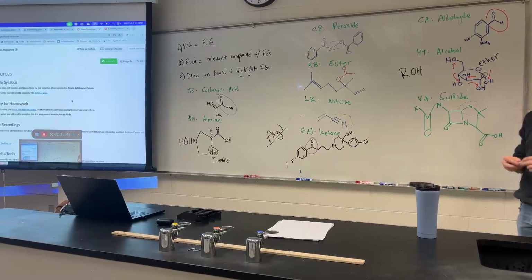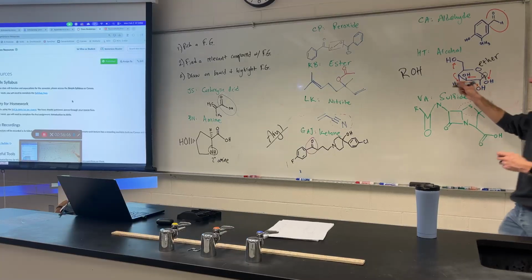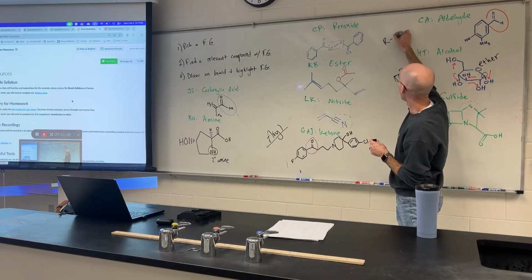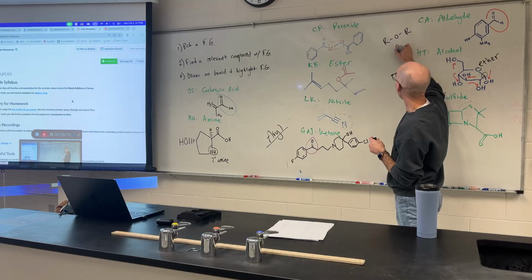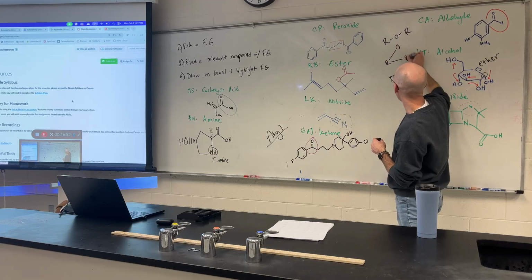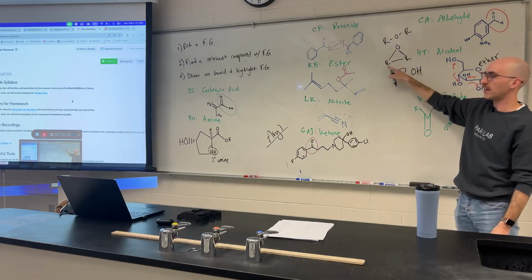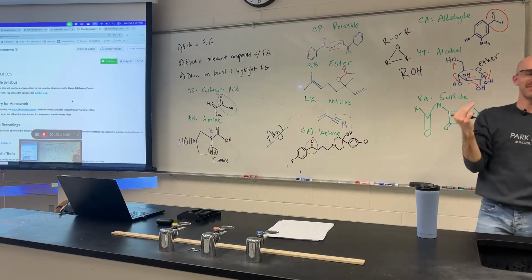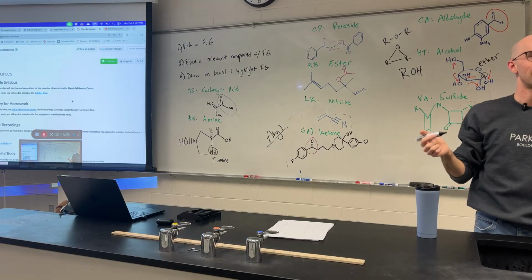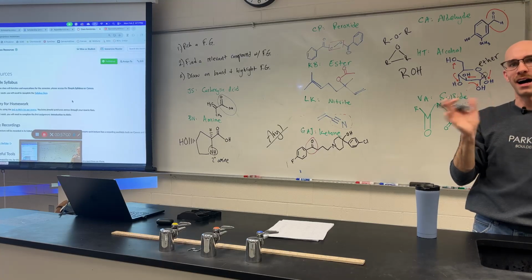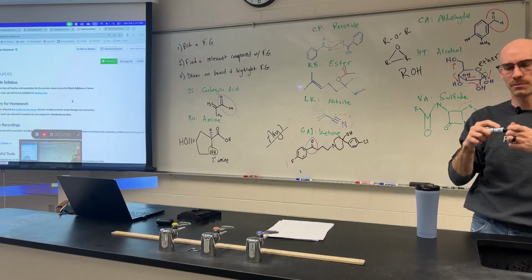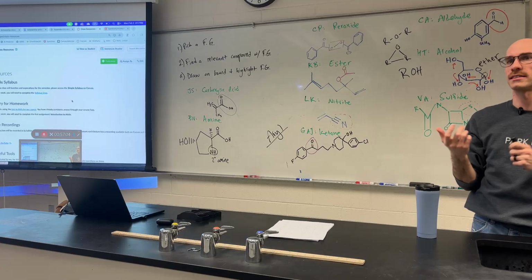I want to take this moment to point out, we said that the ether is ROR, but if those R groups are ever bonded to each other and you create a three-membered ring, it stops being an ether and it becomes an epoxide. And you might recognize epoxides from epoxy glues.